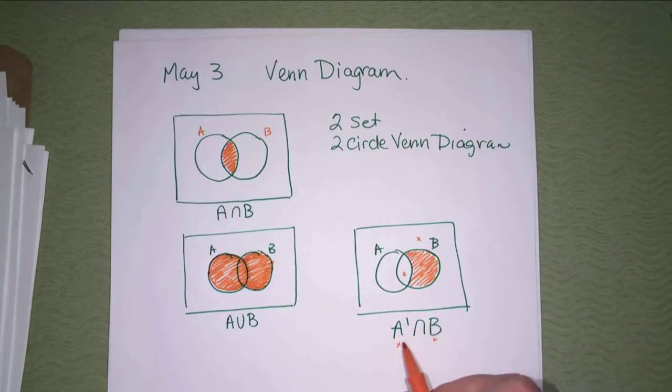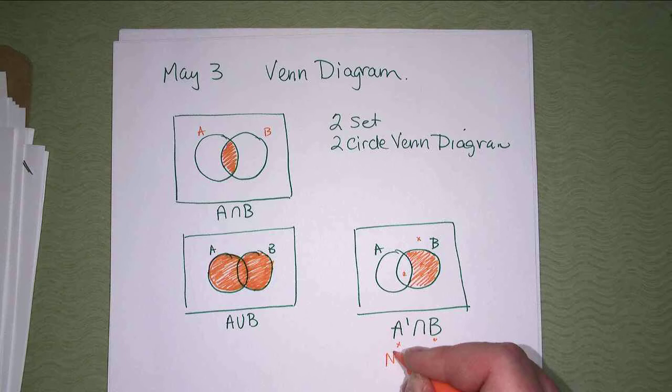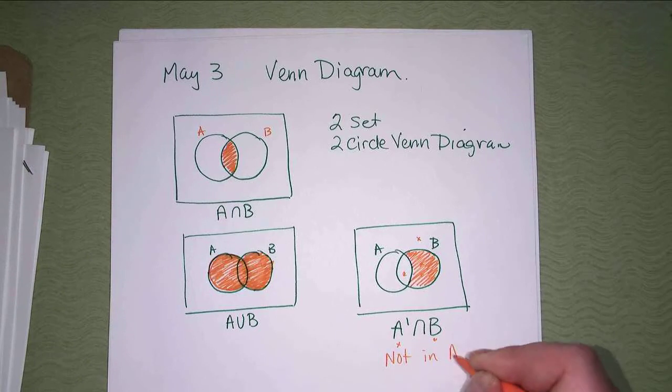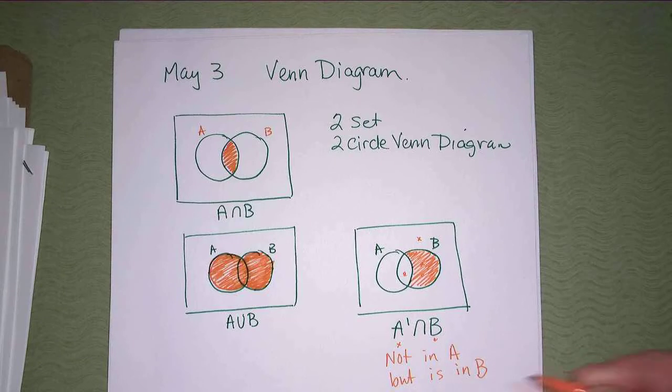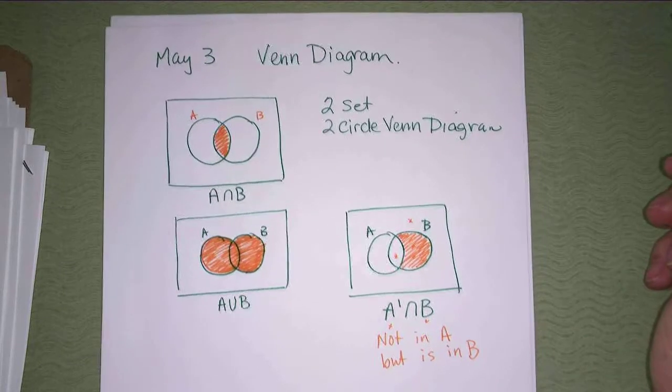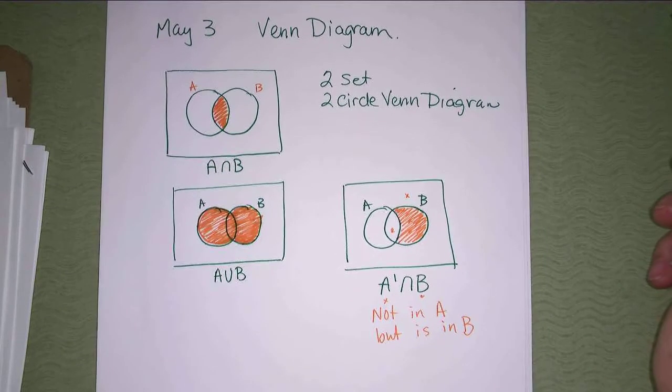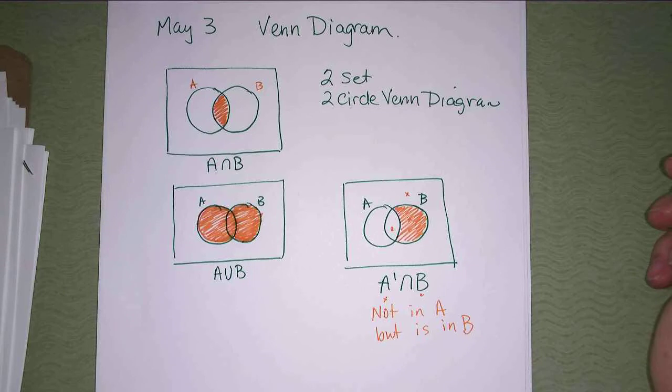And think about this: it says not in A, but is in B. So you could read that as not in A, but is in B. So that's sort of how you can think of that.